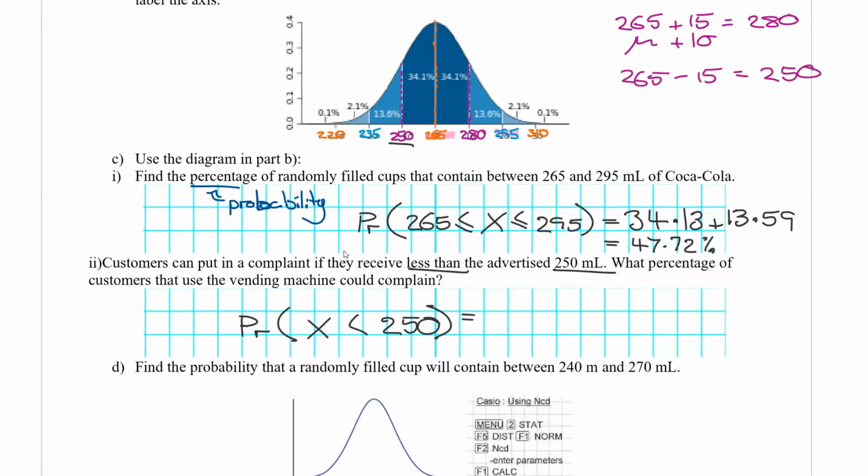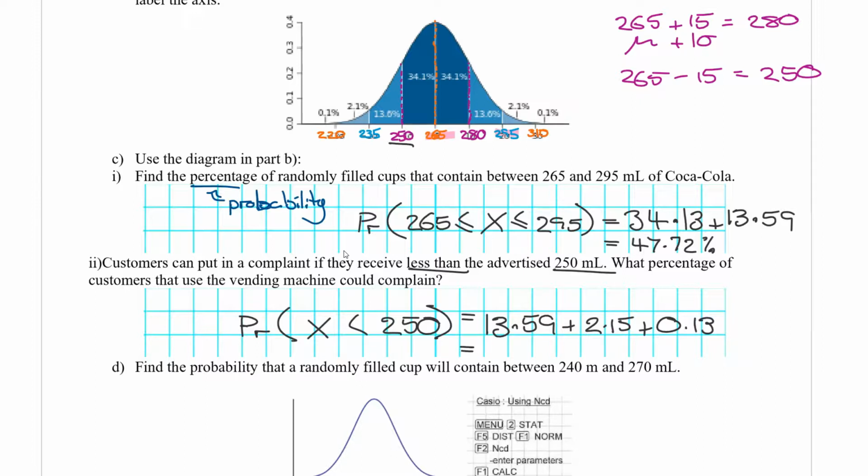So the first one is this area here. That's going to be 13.59 plus the second area in here. That's going to be 2.15 plus the final area, and it's really small, it's only 0.13.